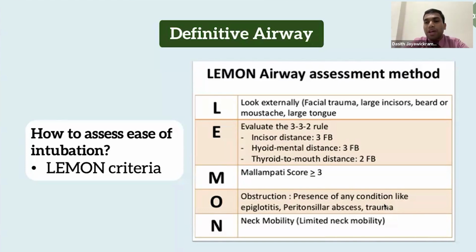That will indicate that this intubation might be difficult. So this LEMON airway assessment, you need to know that there is something like this. But saying that, we don't wait and do a full LEMON assessment. We don't check the 3-3-2 rule in a trauma setting. We try to intubate no matter what.